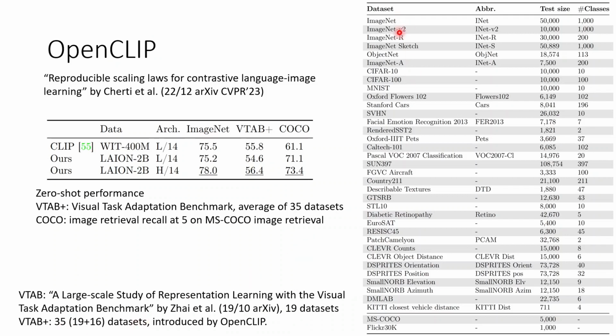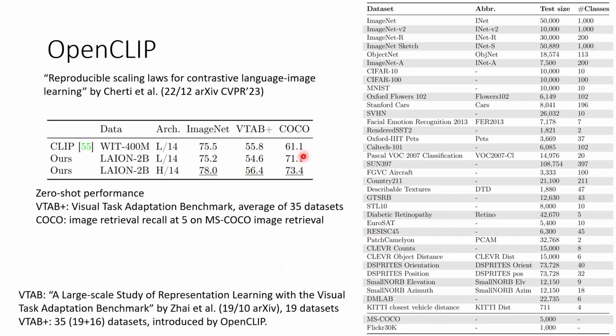Okay, and this is the list of the 35 data sets from ImageNet to KITTI closest vehicle data set. But they show on the COCO data set that their results are better. And if they change the architecture to use vision transformer huge, their performance is better than CLIP.